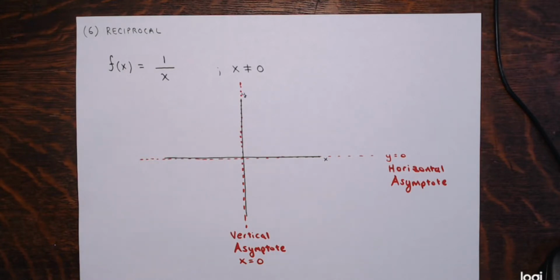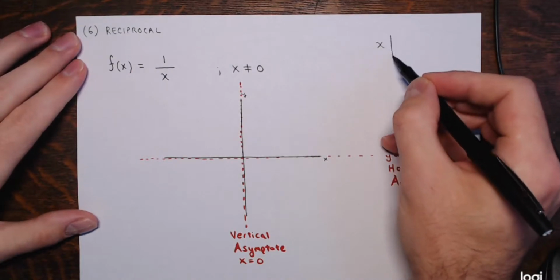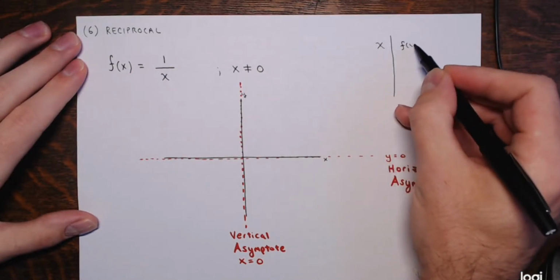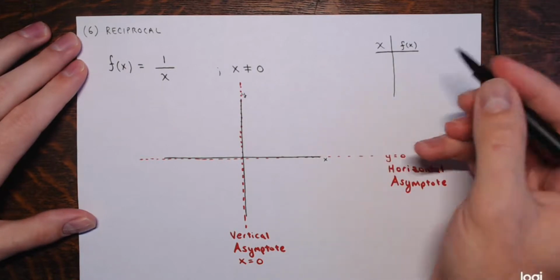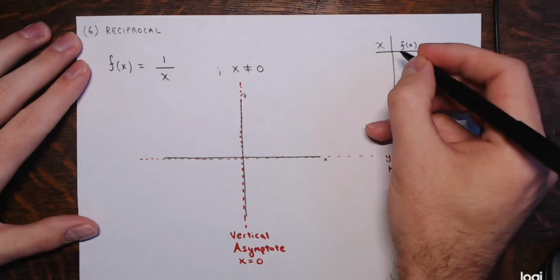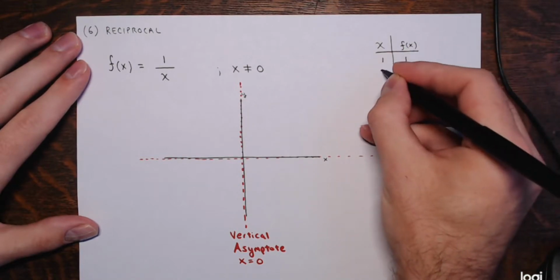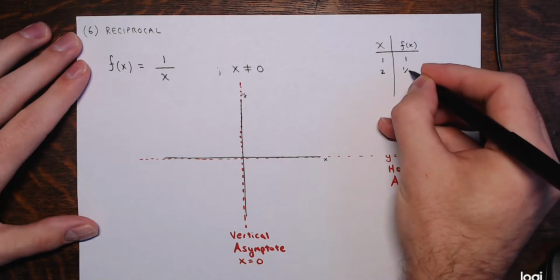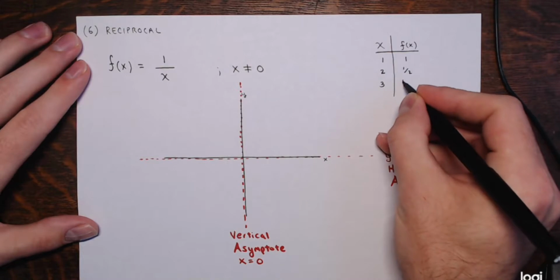All right, so let's make a little table again. x, f of x. And again, you can't plug in 0, so let's not try that. The reciprocal of 1 is just 1. The reciprocal of 2 is 1/2. The reciprocal of 3 is 1/3.